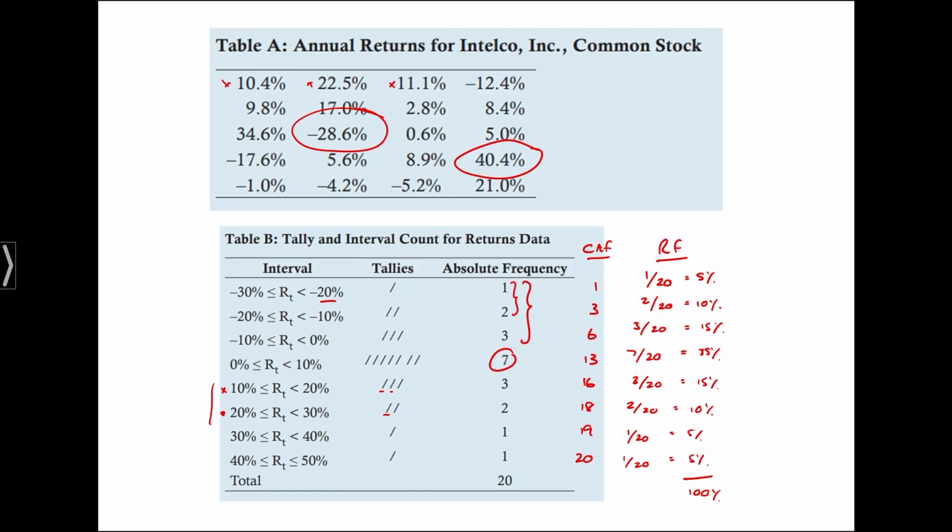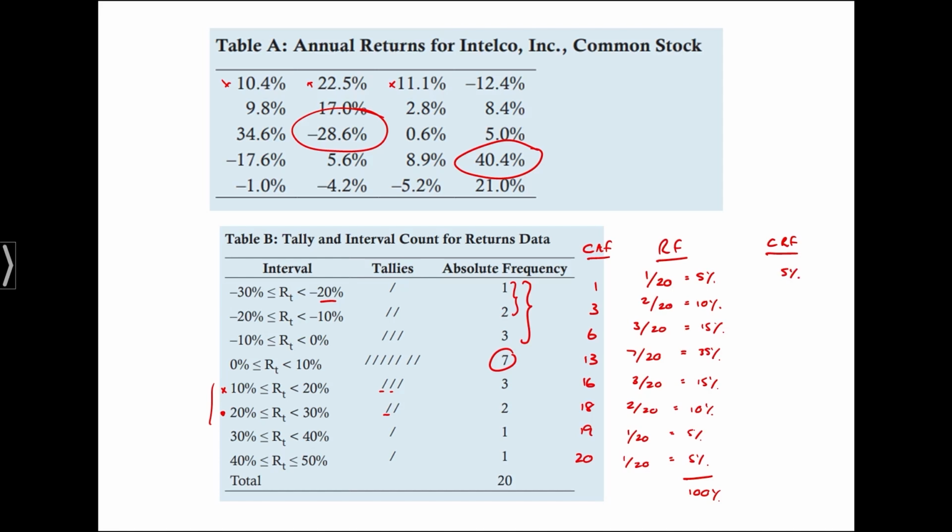Now, the next thing that we can do with our frequencies is work out the cumulative relative frequency, CRF. This is the proportion of observations lying below the upper bound of your interval. So first of all, less than minus 20%, 5% of observations lay below that bound.